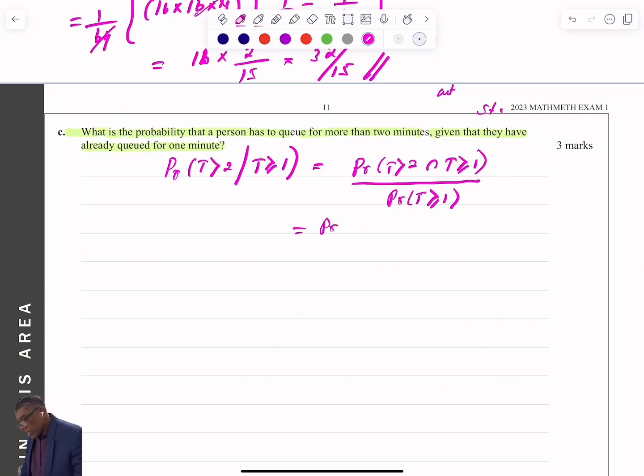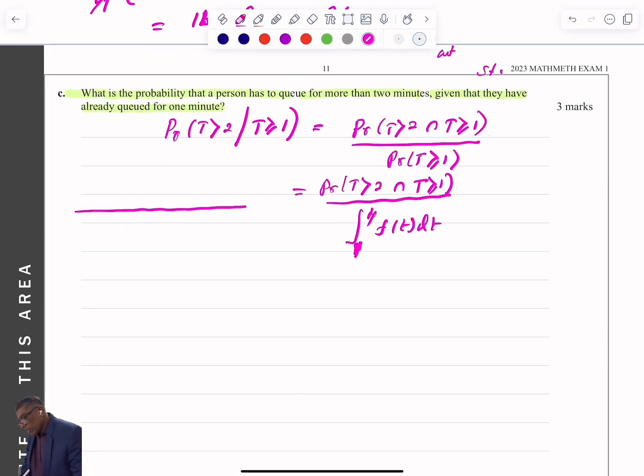Now, this is the probability t is greater than 2 intersection t is greater than or equal to 1. Greater than or equal to 1 means 1 to 4, f(t) dt. We will check what this common region is.